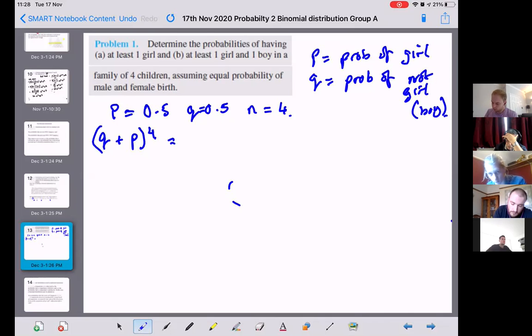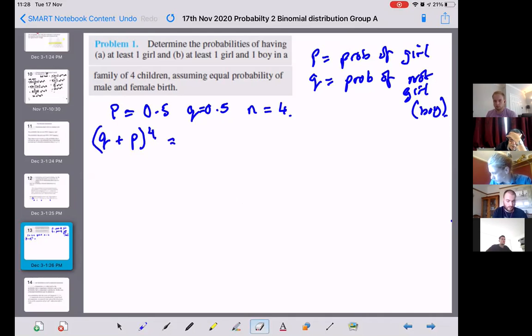Someone who can get Pascal's triangle in front of them, what are they? Oh, I've got it on here. So if we look at Pascal's triangle, 1, 4, 6, 4, 1. So we know what we've got to do.